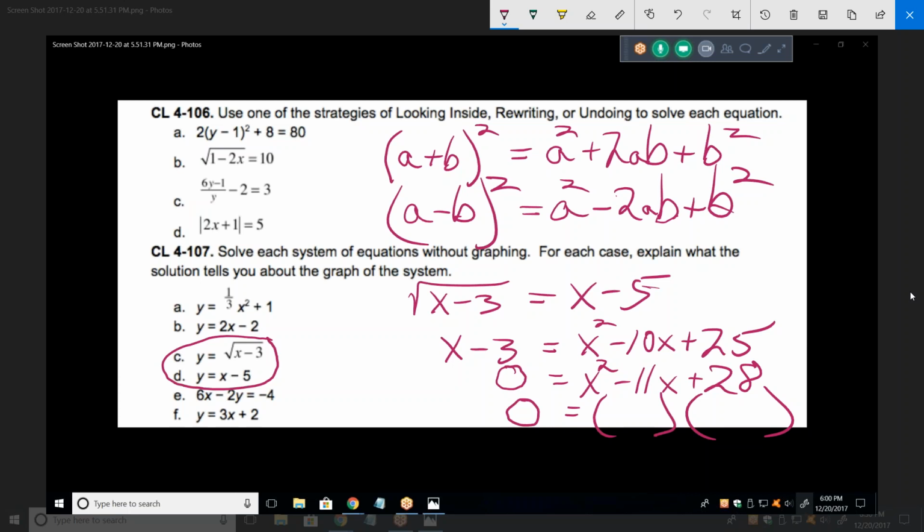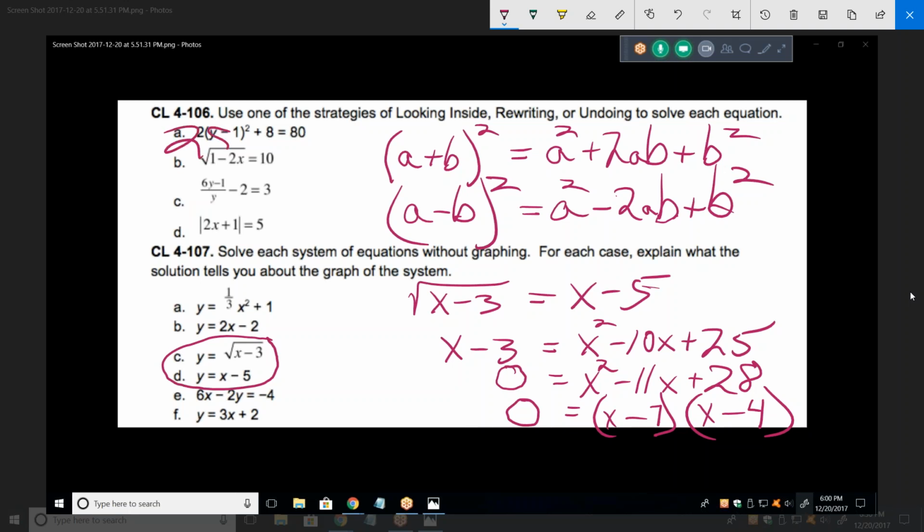Okay, now factor that. So it's x and x, and then it's minus minus, and then it's factors of 28 that add to 11. Cut in half is 14 and 2. Now, third you can't do, so then fourth is... Always keep trying to cut it in half if you can.